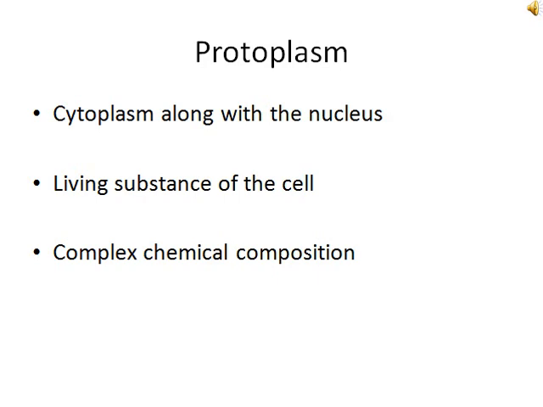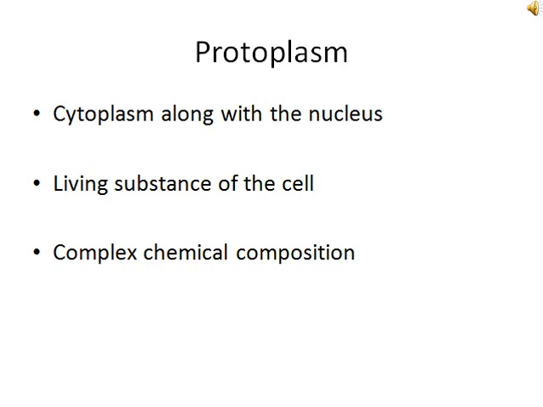When we take it out of the cell membrane, it becomes dead. So it is impossible to make an accurate chemical analysis of the protoplasm because it ceases to be protoplasm as soon as it is removed from the organism.